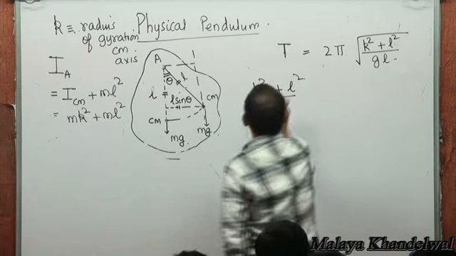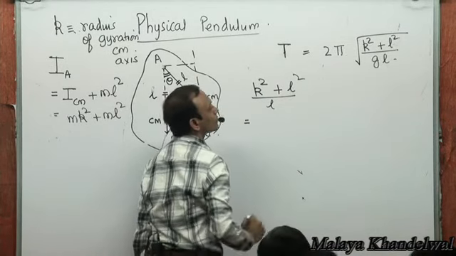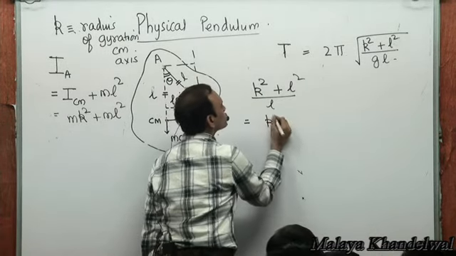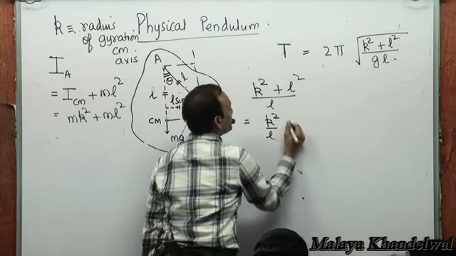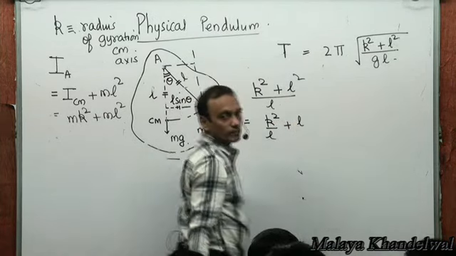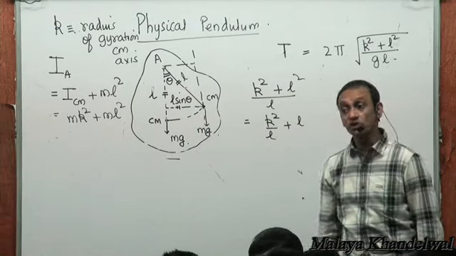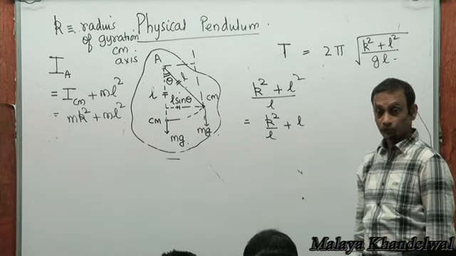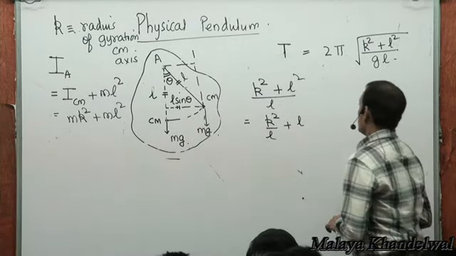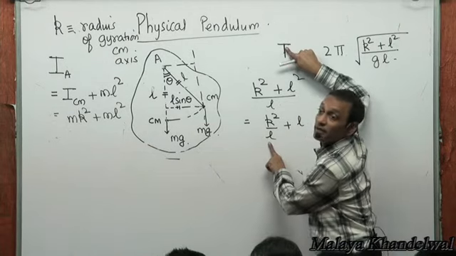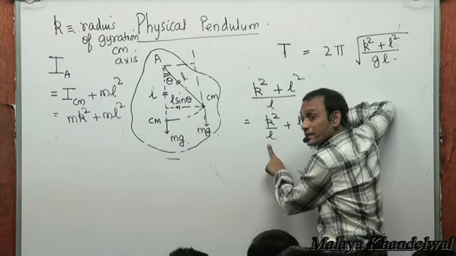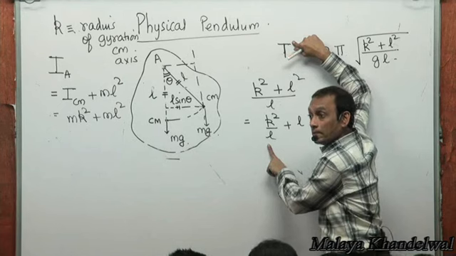This is actually K squared by L plus L. If this is minimum, T will be minimum, right?